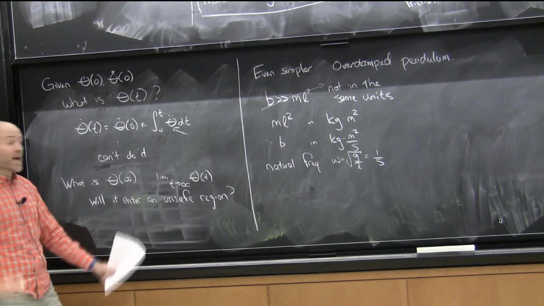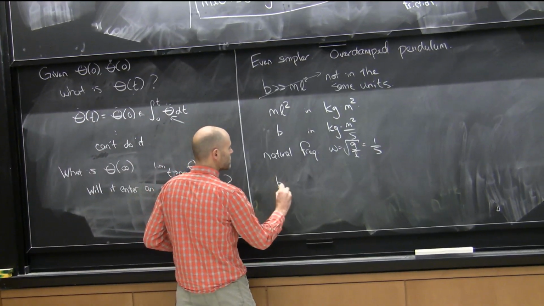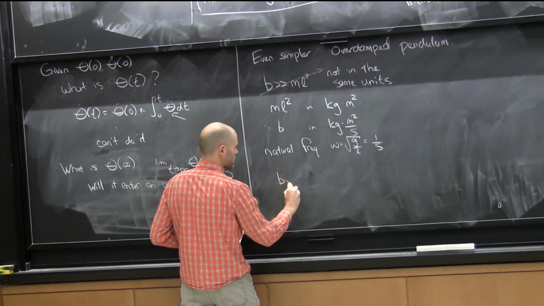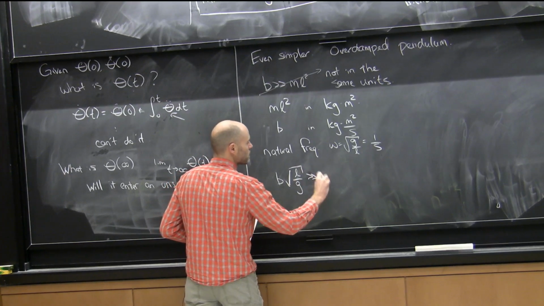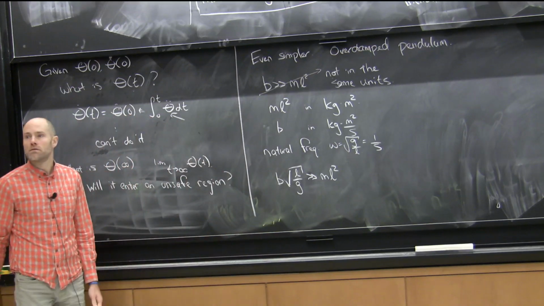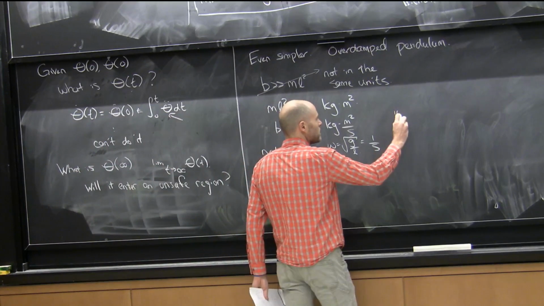So what I'm perfectly happy to say, and it's a meaningful thing to say now, is that B, I need to get the opposite of that. So B times square root of L over g is bigger than ml squared. That's just a taste of dimensional analysis, okay?